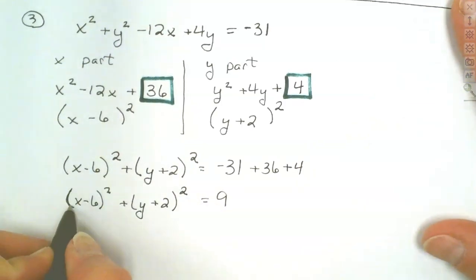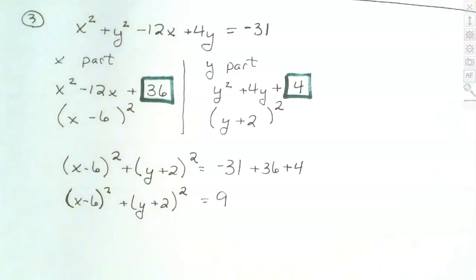Okay, so we got to this part. And when we look at it, is this a circle, yes or no? How do we know that it's a circle? Well, when we look for it to be a circle, we look at the right-hand side. Once it's all done, we've broken everything down. If that right-hand side is positive, then it is a circle.